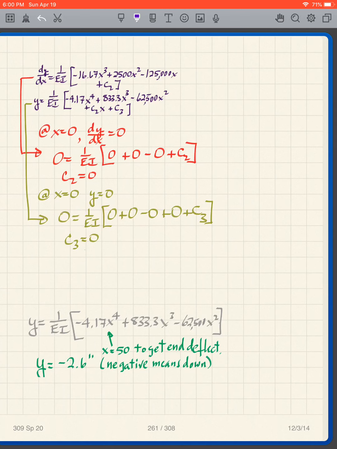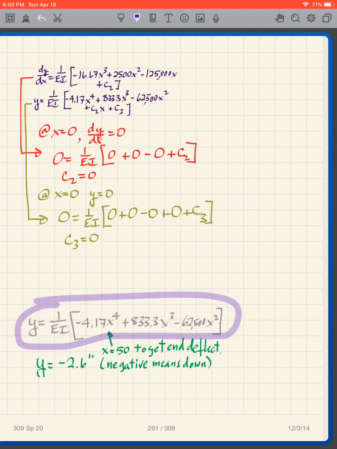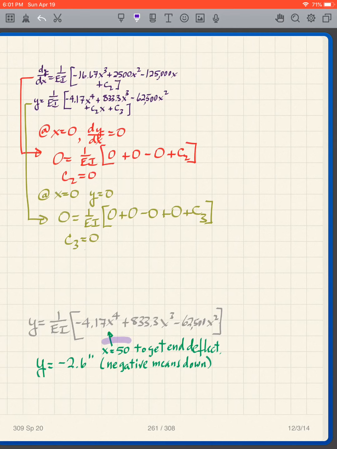So then my final equation is that y is equal to 1 over EI times, you can see it there. And how do I get the end deflection? Well, the end deflection is straightforward. I just put in x equals 50 to get the end deflection.